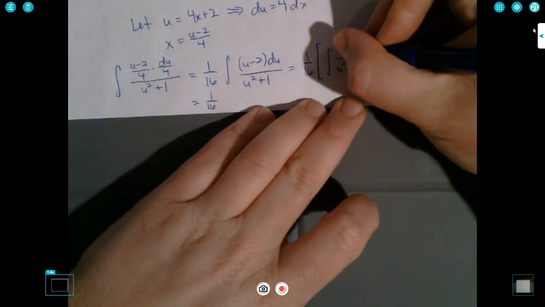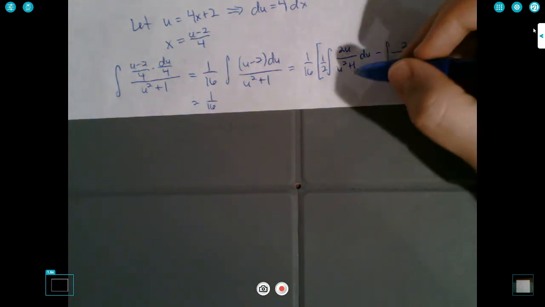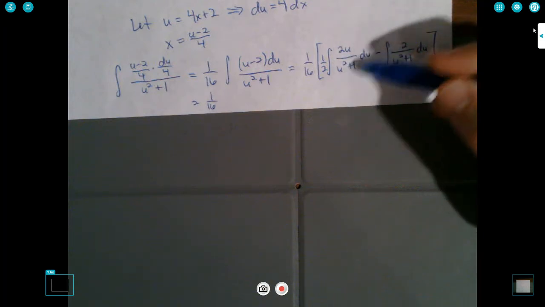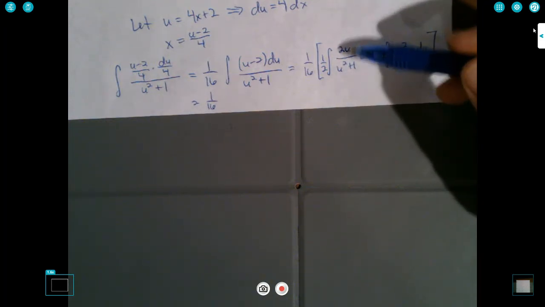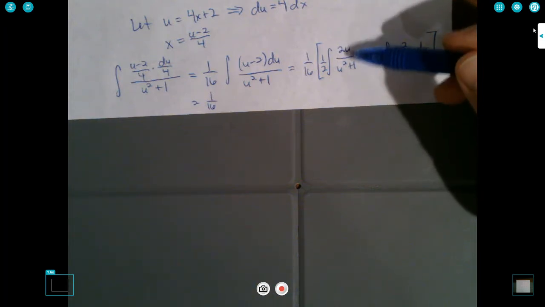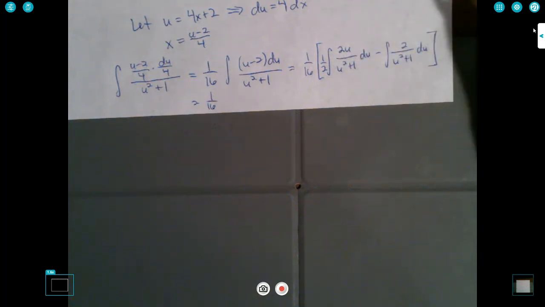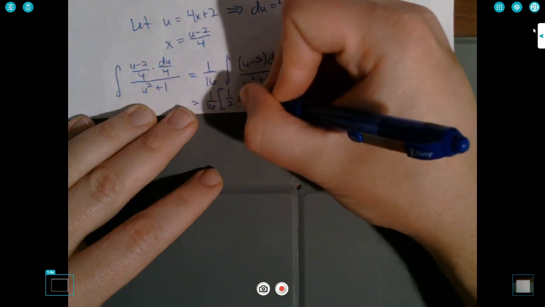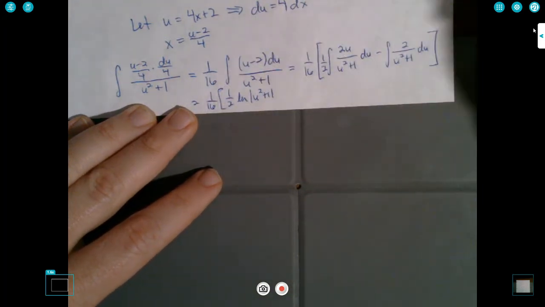In fact, I can make it a 2u if I put a 1/2 right there. So this is just the natural log. If I did the substitution, it would be dw over w, and so that's just going to be ln of w. Well, w was u squared plus 1. So this is 1/2 times the natural log of u squared plus 1.